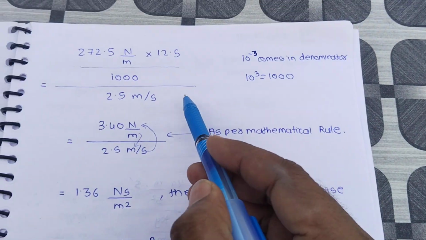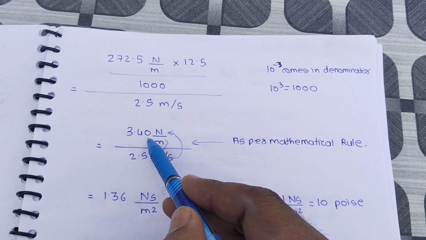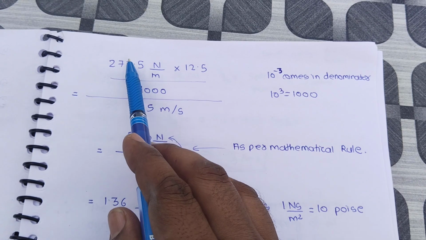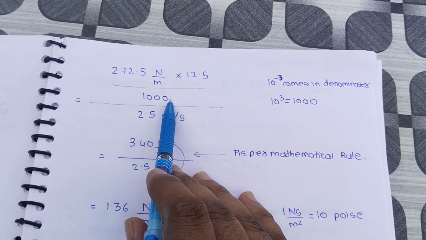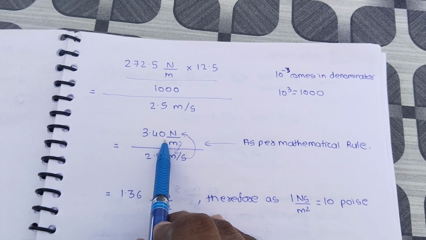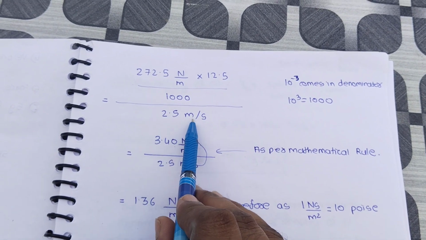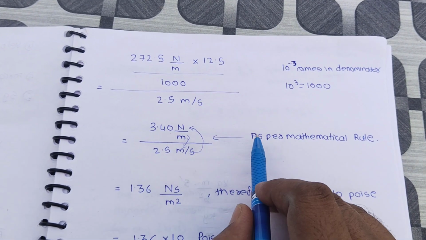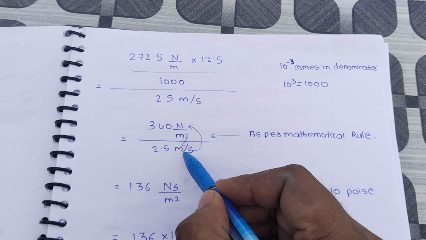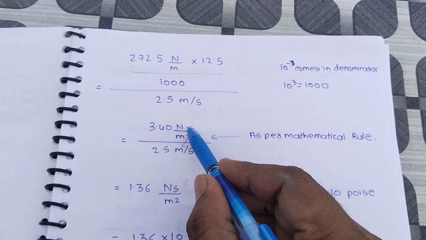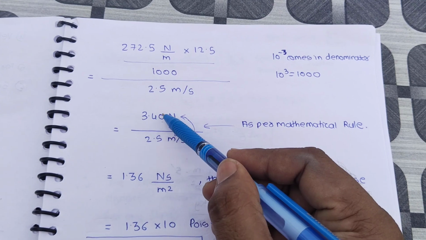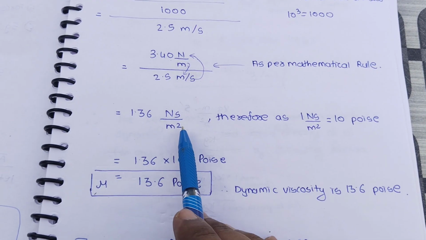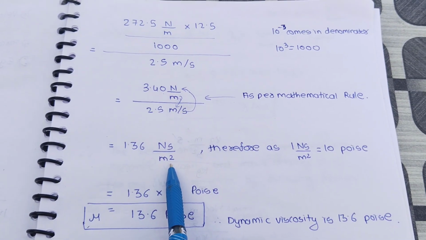It is 3.40 Newton per meter, and 2.5 meter per second will be at the bottom. As per mathematical rule, Newton second will come up, and meter will go down, Newton second per meter square, and by dividing this we will get 1.36 Newton second per meter square.